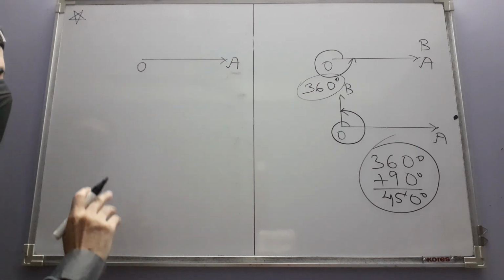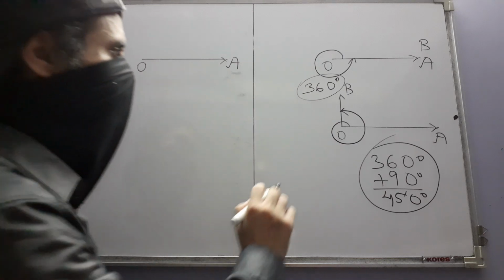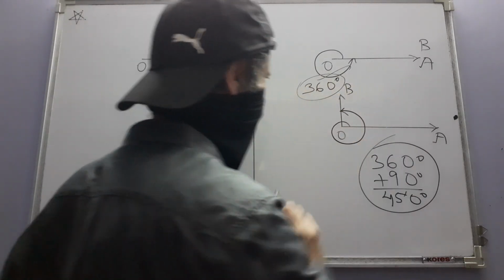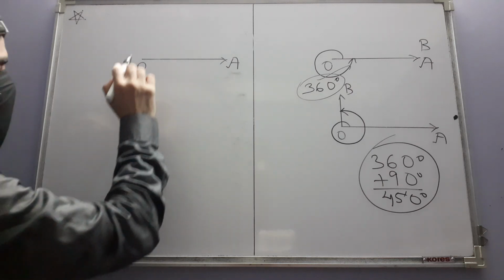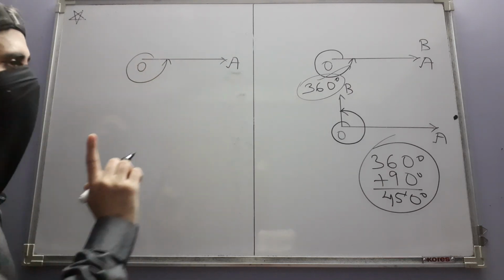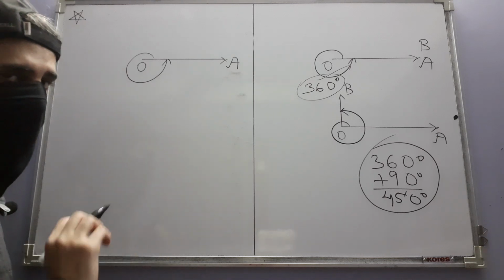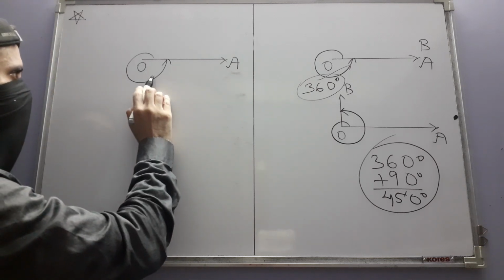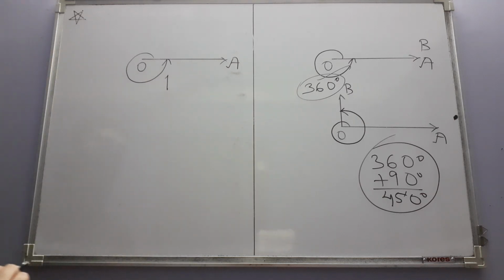and we agree to assign angular measure of 360 degrees to this rotation, 1 revolution in the anti-clockwise or counterclockwise sense. In the revolution unit, the angular measure is 1 revolution.